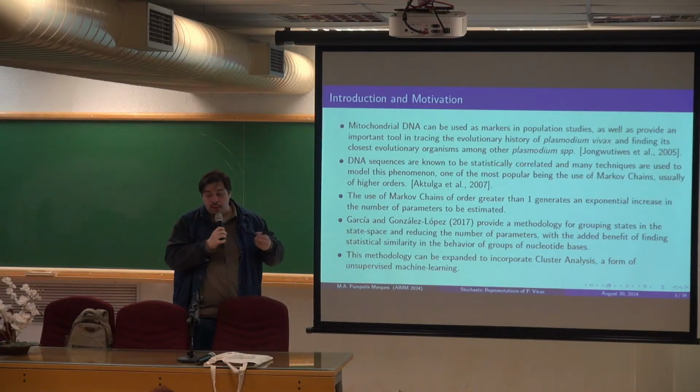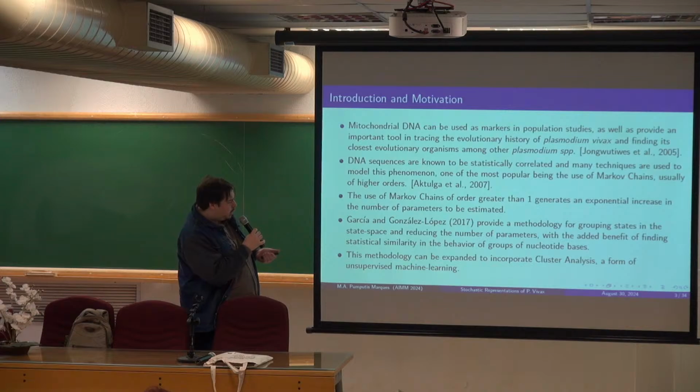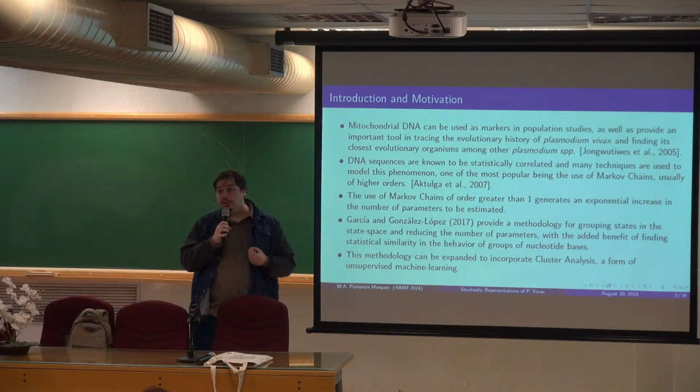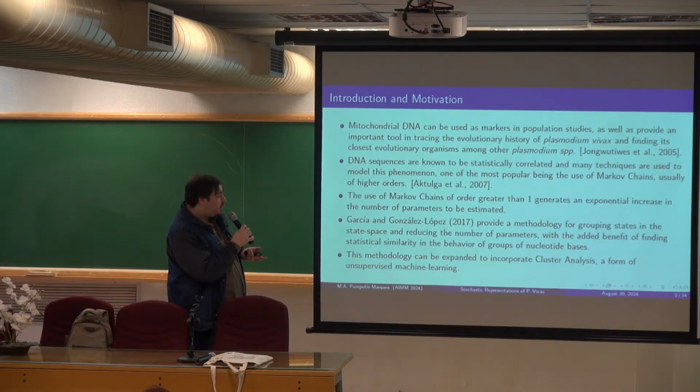That we can see there's statistical similarity, and we can use it to fuel further research. And this paper introduces an algorithm that can later be expanded to cluster analysis, which is a form of unsupervised learning, right? Unsupervised machine learning in the context of AI.